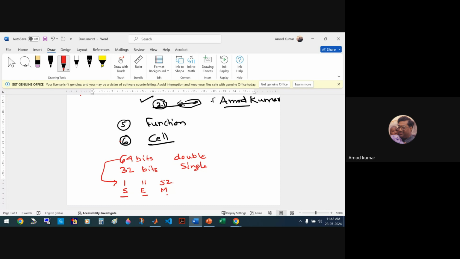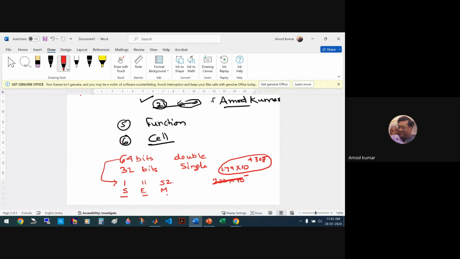The maximum positive number that can be represented in 64 bits is 1.79 into 10 raised to the power plus 308. You can see such a large number is there.